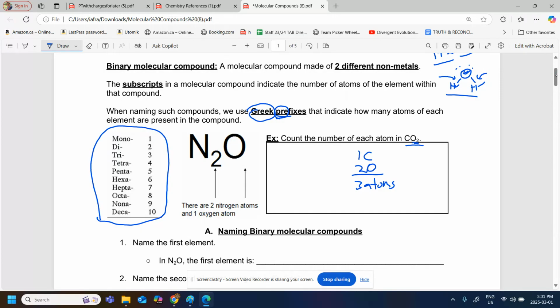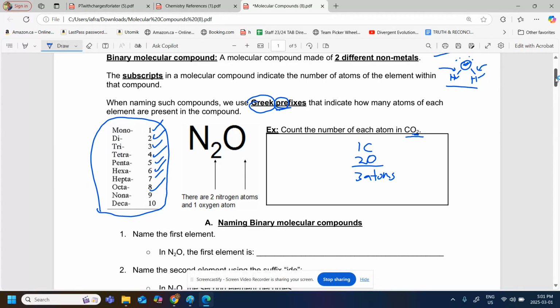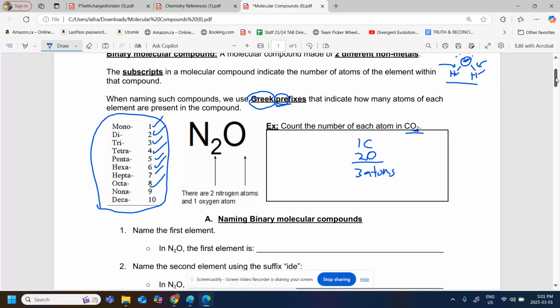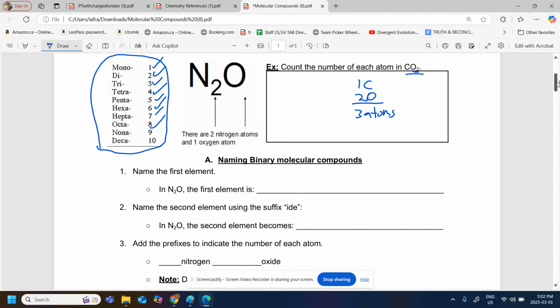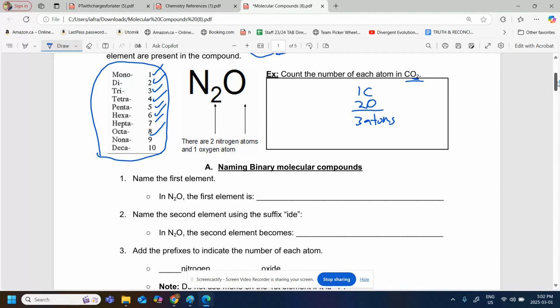They basically just mean numbers. Mono means 1, di means 2, tri means 3, tetra, penta, hexa like hexagon, hepta, octa like octagon, and so forth. You would never use these for ionic compounds. When naming molecular or covalent compounds, you would use Greek prefixes.